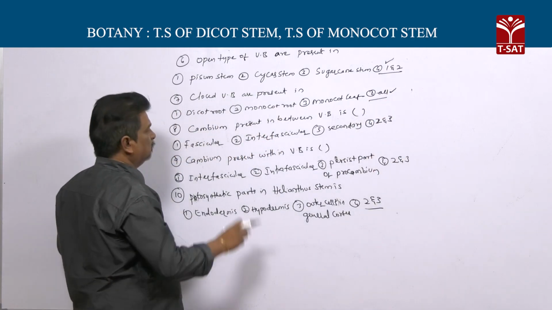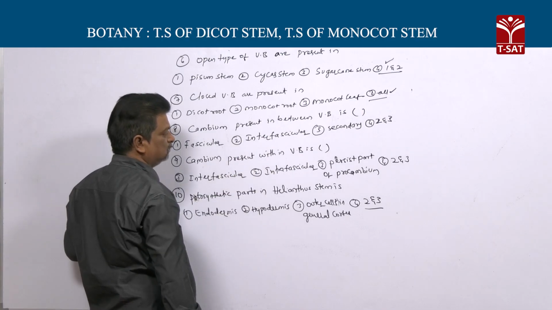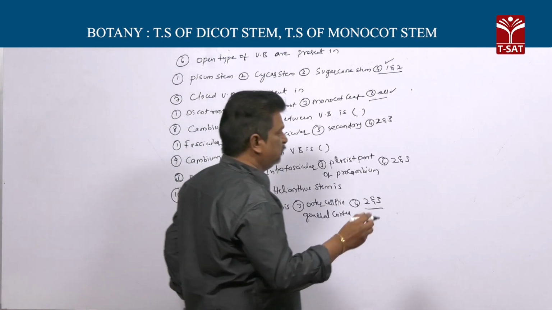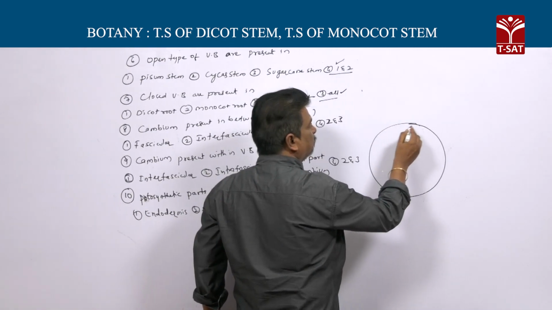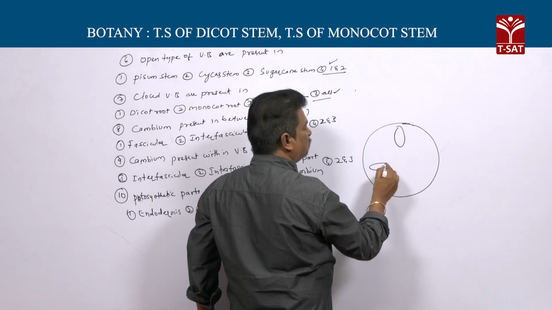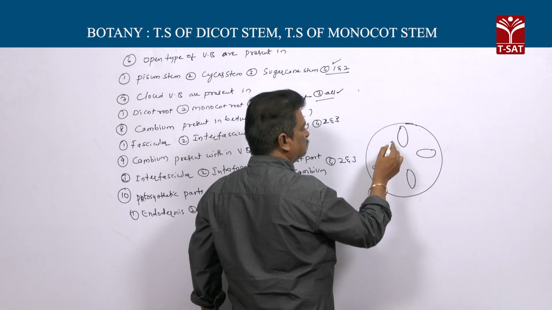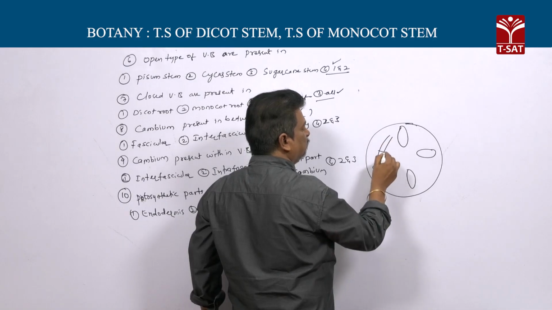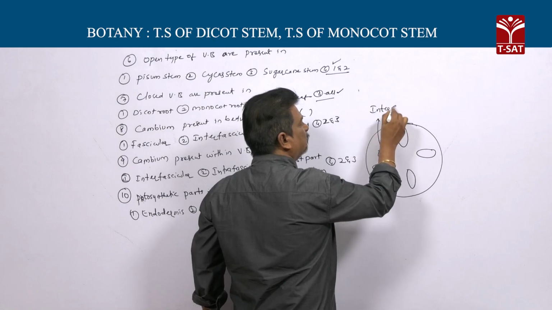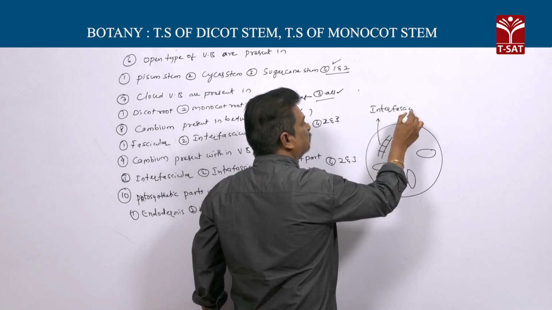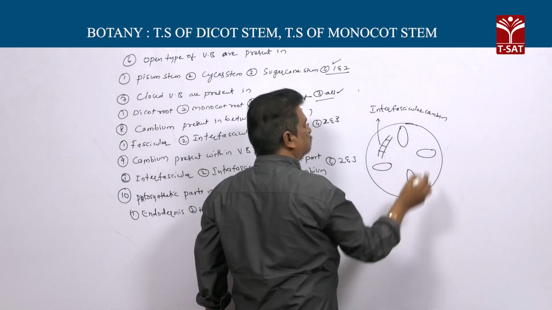Then, next one, cambium present in between vascular bundles. Actually, cambium is present in dicot stem. So, these are vascular bundles. Cambium in between vascular bundles is interfascicular cambium.